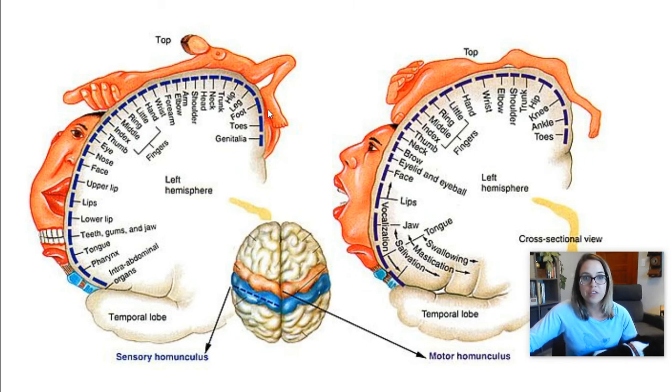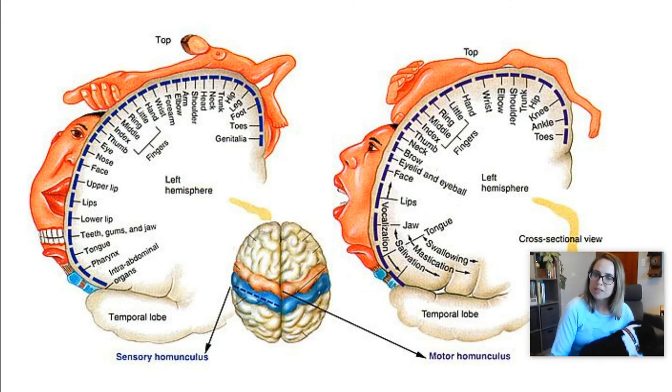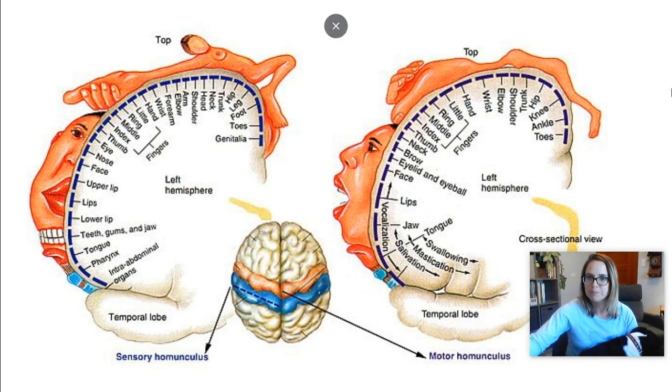When you look at your feet, your trunk, your torso and your hip, they don't make up very much space. Those are more generalized movements and feelings. I always like showing this picture because it is weird and freaky and looks like something out of a nightmare, but it shows you how much of your brain each of these things is controlled by. I think it's super fascinating.